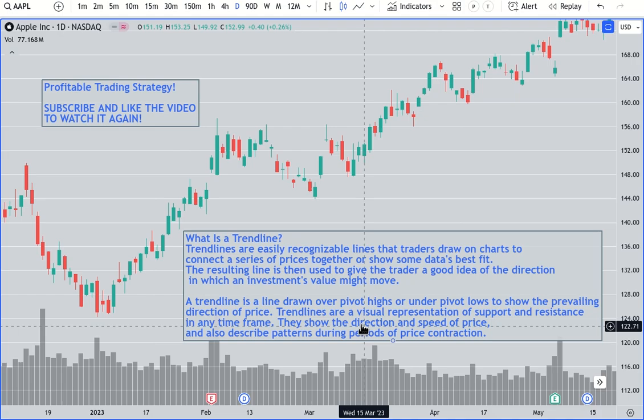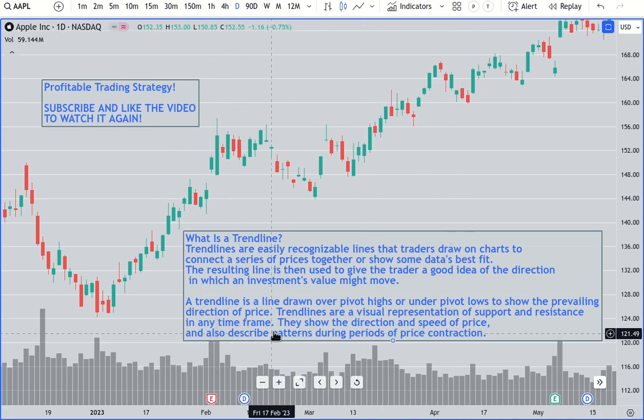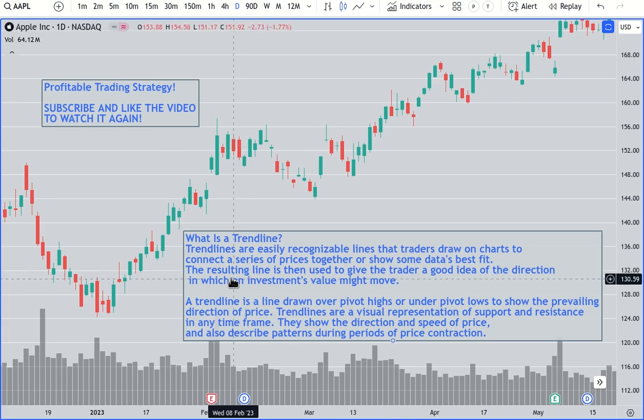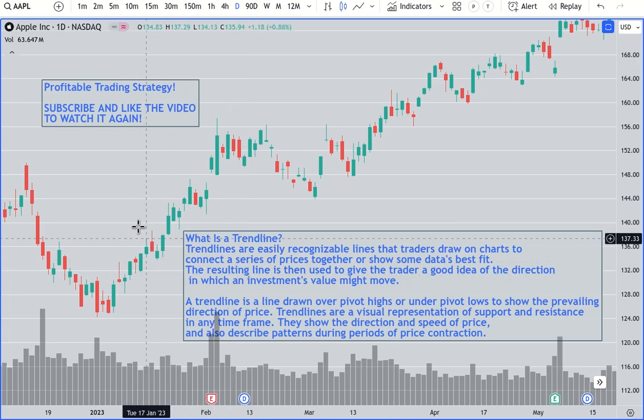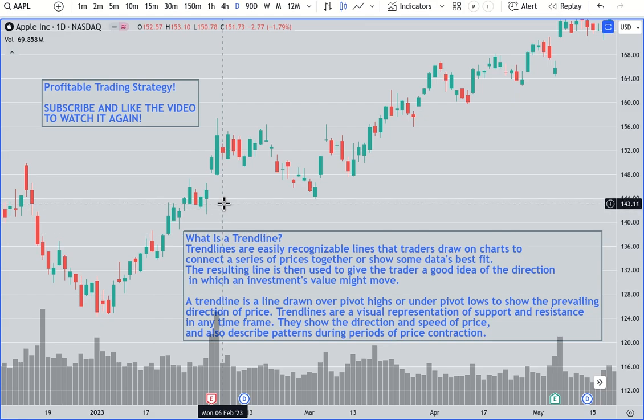They show the direction and speed of price and also describe patterns during periods of price contraction. This is a very simple definition of a trend line, and I'm going to show you what a trend line is in a visual way, and apply it on Apple stock.